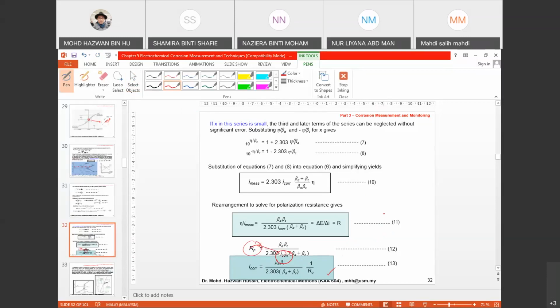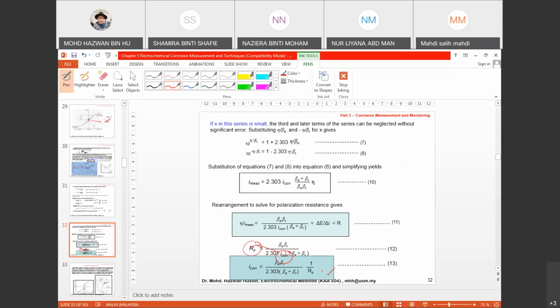At the end, the essential part of the linear polarization method compared to PD is that linear polarization gives additional information, the value of RP, which you cannot get from PD measurement directly. For linear polarization, you get RP first, and only then can you calculate your I corr based on a formula.